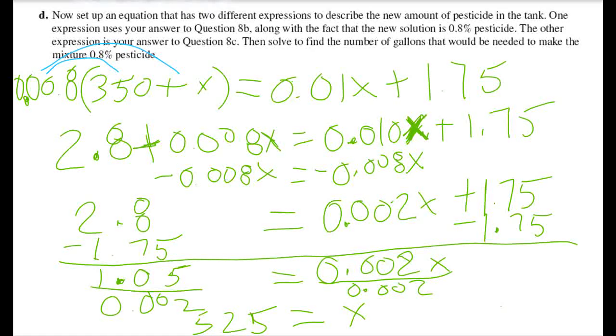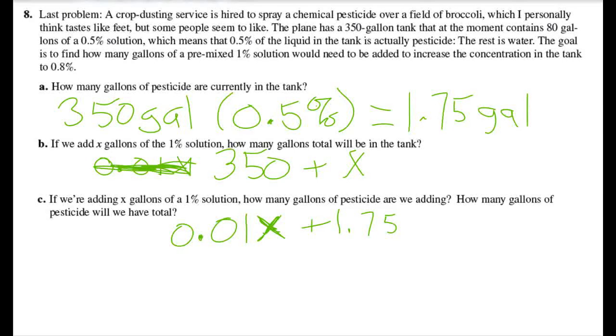Okay, so if we go back to part C, we had 0.01x. We've still got the same 1.75 gallons. We've got 350 gallons at 0.5%. We've still got 1.75 gallons of pesticide in the tank.